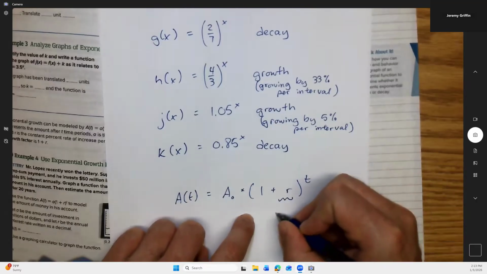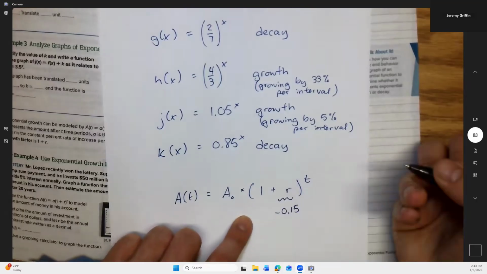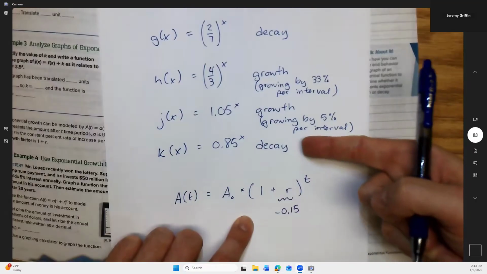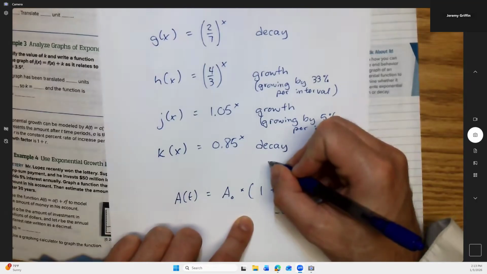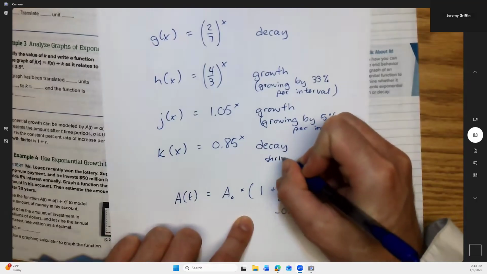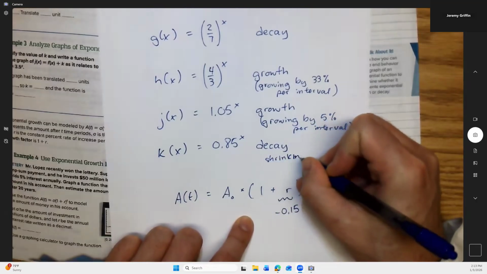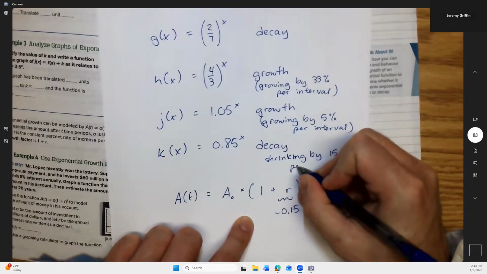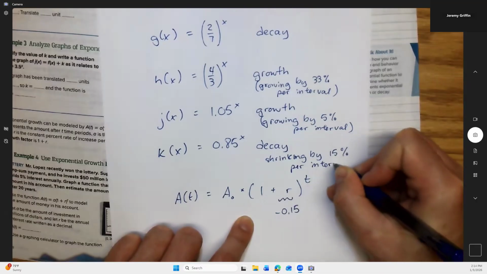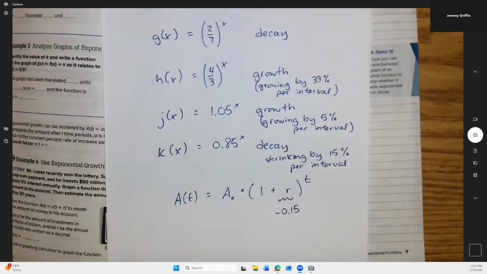So I think this r would be negative 0.15, wouldn't it? Which leads to what I'm trying to get at here: it's shrinking by 15% per interval of time, maybe every year or something like that.